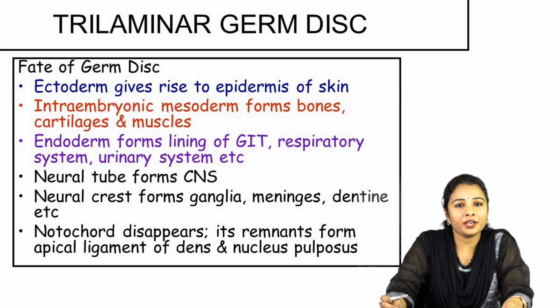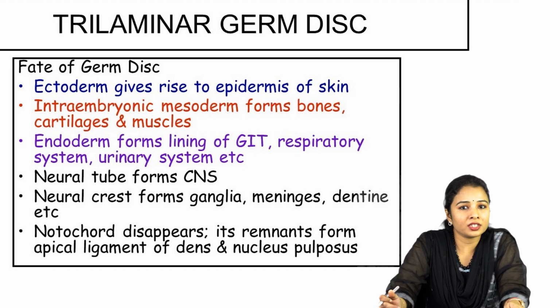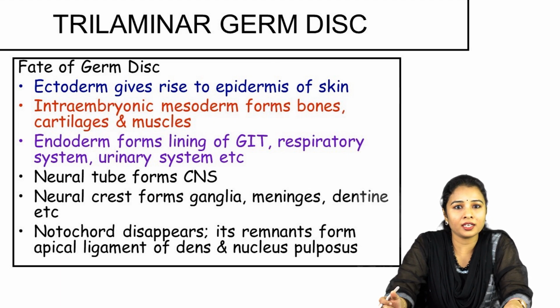So let's see the fate of the trilaminar germ disc, where we would see what each germ layer gives rise to. Here is the overview: the ectoderm gives rise to the epidermis of the skin. Not only the epidermis, even the appendages of the skin and the iris of the eye are derived from the ectoderm.